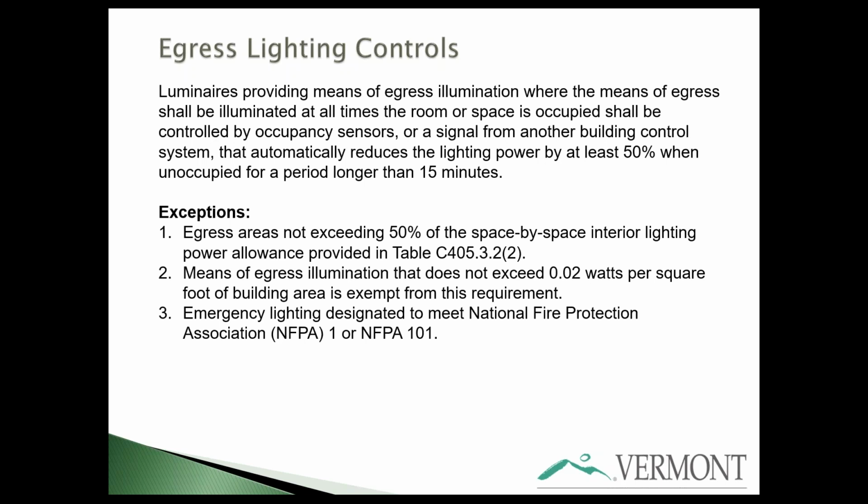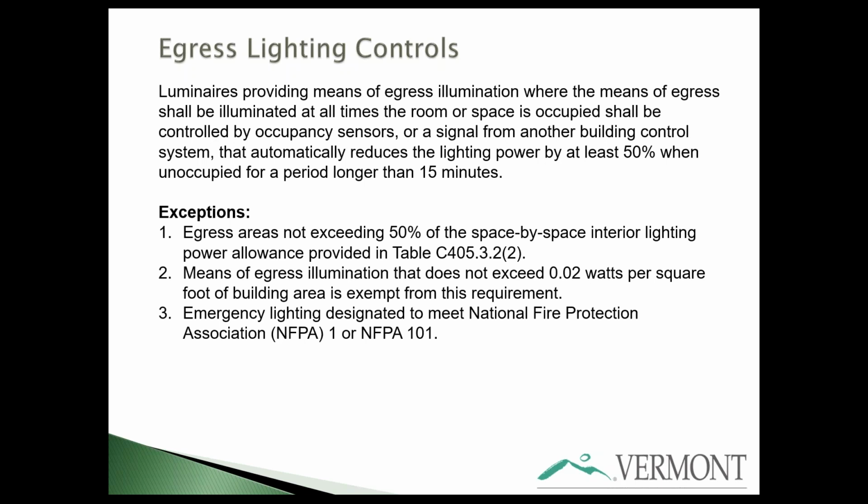There are exceptions for this. If the space by space, you're not exceeding 50% of the space by space for the egress area, you don't need to have this control on that. Or if you don't have much egress illumination in your building, so it doesn't exceed 0.02 watts per square foot of total building area.